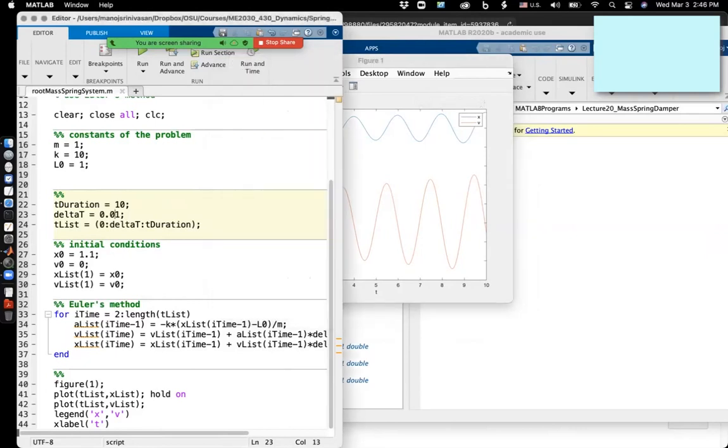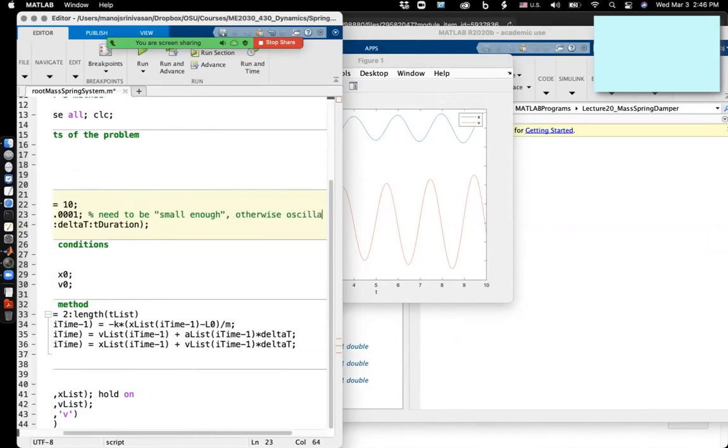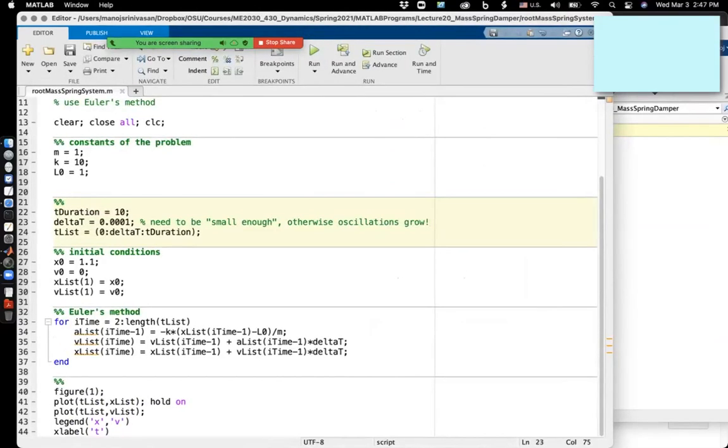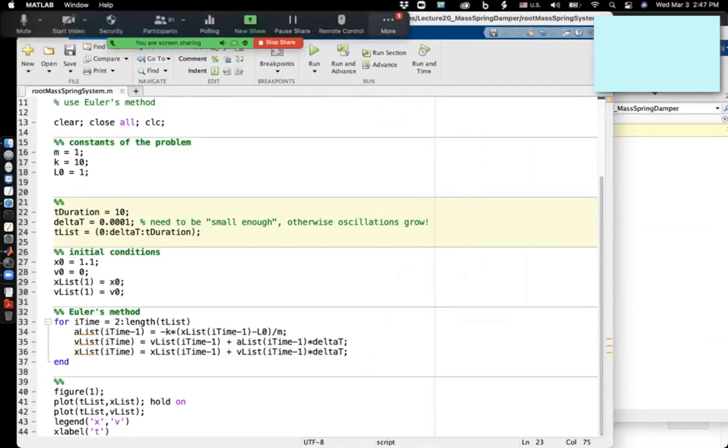So it is very important that this delta t is quote unquote small enough. If it's larger than a particular quantity, the system will go unstable and do some crazy stuff. Otherwise, oscillations grow. That's the nature of the simplicity of the method. You have to have a very small delta t so that the system actually gives you something good.